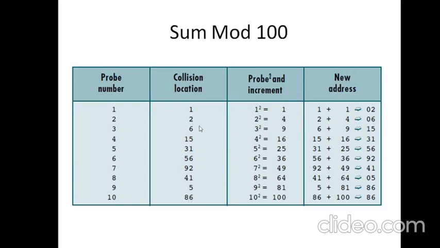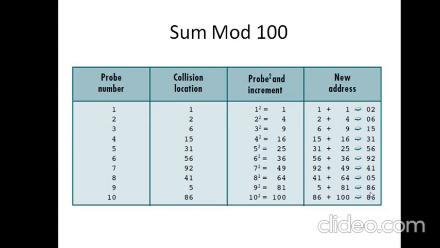Let us say somebody wants to store a value at location 1 and there is a collision, so he will try 2, and 2 is also occupied, then he will try 6, and 6 is also full, which means he will try 15. So he may succeed somewhere in one of the probes, or he may never succeed.